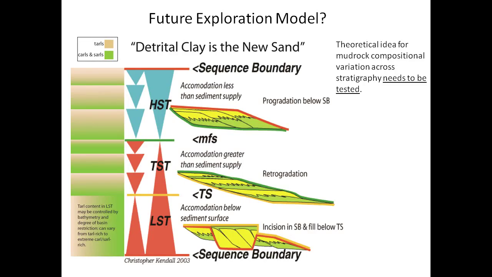And now we have the potential, at least, to apply that to unconventional systems. And so here in green, I've shown those siliceous type rocks, versus the tan, the more extrabasinal-dominated rocks. And we would think that these extrabasinal things should be in the parts of the systems where you would find sand in a conventional reservoir.